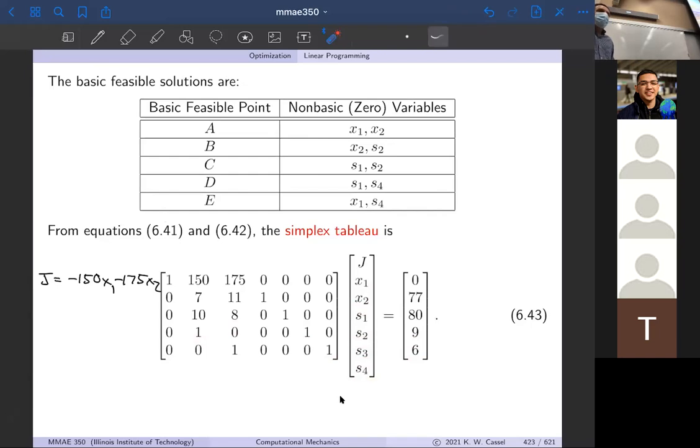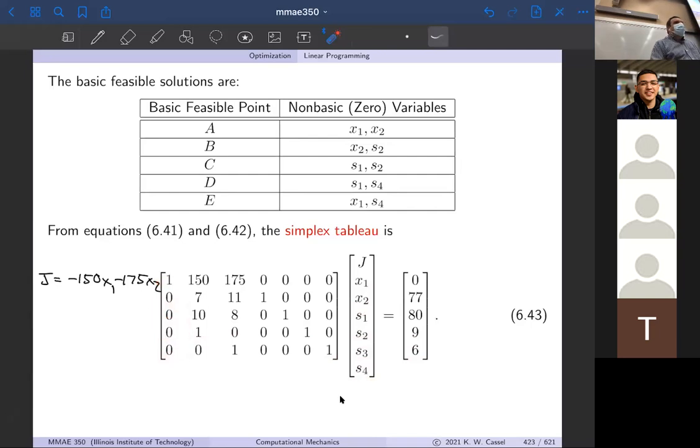So you think, okay, how many equations should I have, and how many variables, how many columns should I have? So how many rows and how many columns? Well, I should have a row for each of my objective functions, which I have 1, and my constraint equations, for which I have 4. So I should have 5. 1, 2, 3, 4, 5.